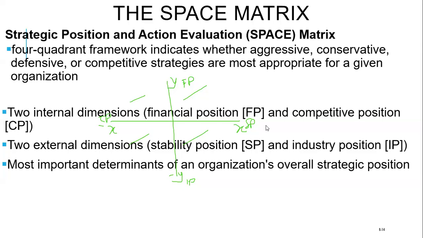Some of the metrics that can be used to assess a firm's industry position or industry attractiveness are the growth potential and the profit potential of the company.